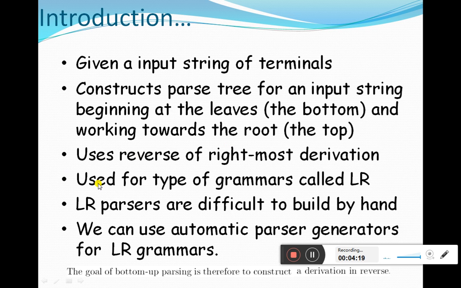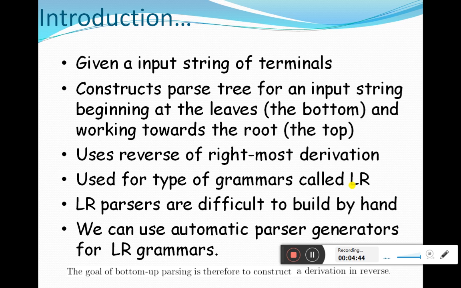These parsers use a type of grammars called LR grammars. LR parsers are difficult to build by hand, so we can use automatic parser generators for LR grammars. We'll see what we mean by L and what we mean by R. L stands for scanning the input from left to right.